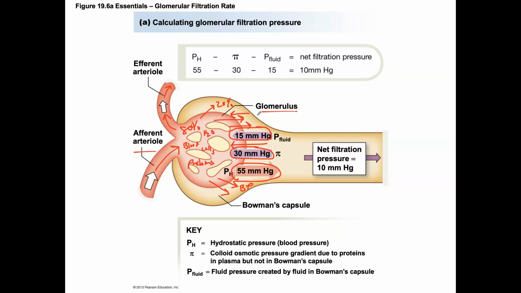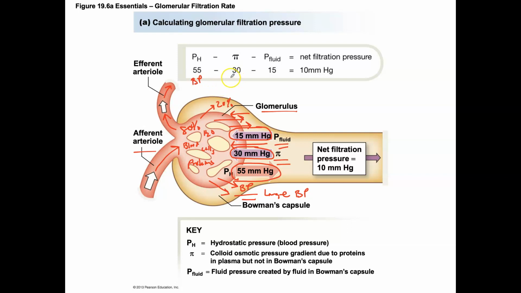If you look at these three pressures, we need a large blood pressure to overcome the osmotic pressure and the capsular fluid pressure. So our equation for net filtration would look something like this. We have a blood pressure of 55 millimeters of mercury.